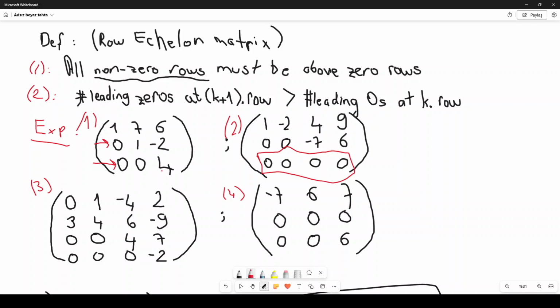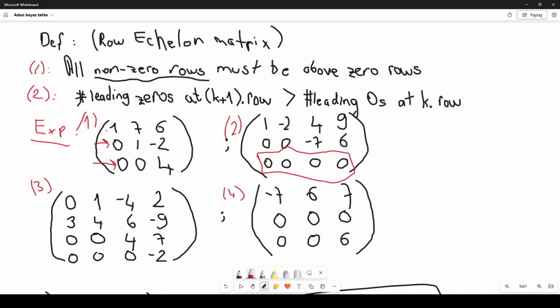Before that we have 2 consecutive zeros, so the number of leading zeros is 2 in this example. So getting back to my point, what this second property says is that we count the leading zeros at the k plus first row and the kth row, and it must be strictly greater.